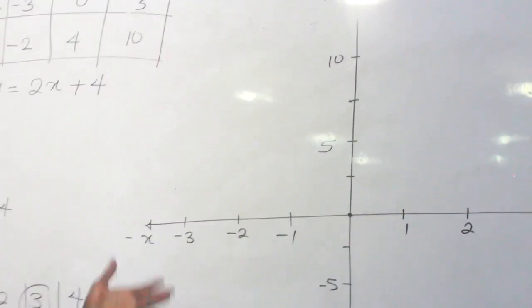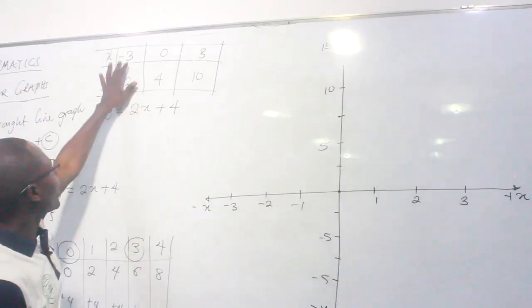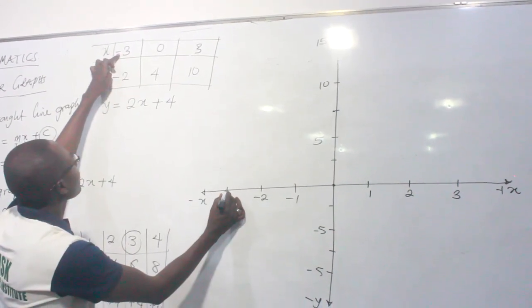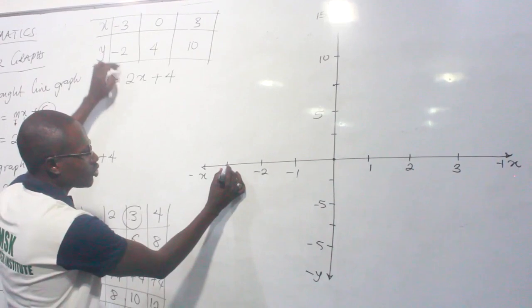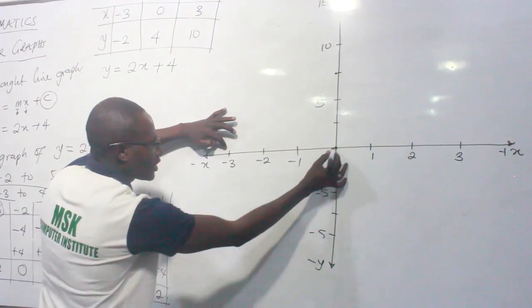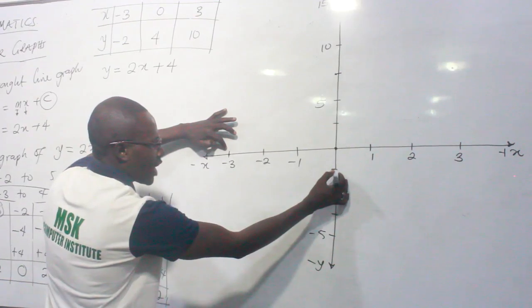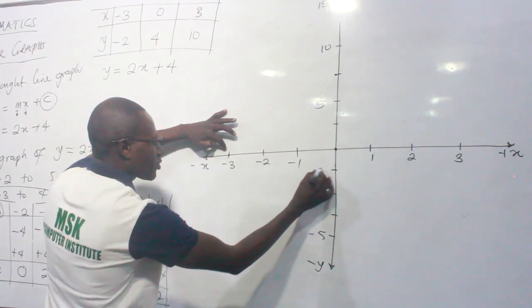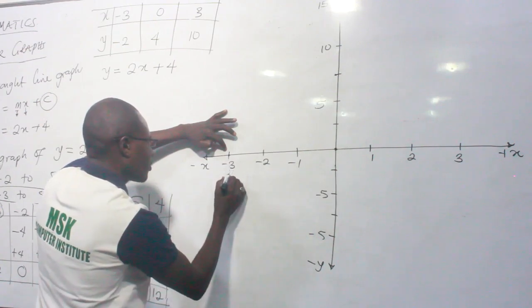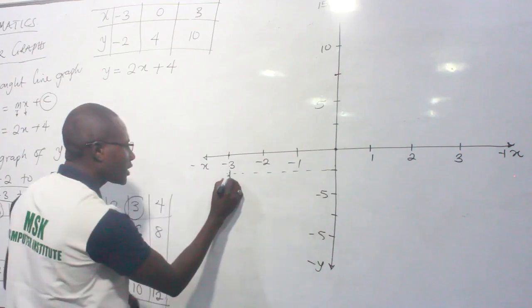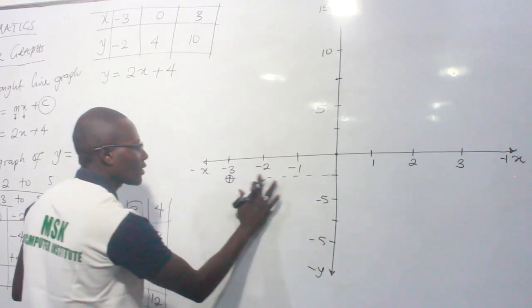So now we can plot the graph. When x is minus 3, y is minus 2. Since this is the y value in the negative direction, and this is 2.5, minus 2.5, so minus 2 will be somewhere here. So now, take this down, and take this down. Where they meet here, you cross and circle.